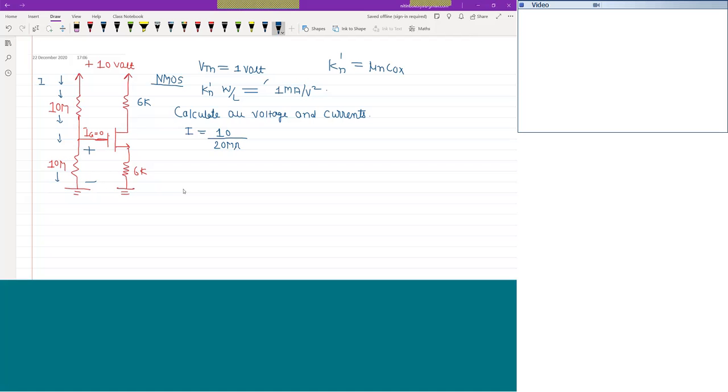So what I can say, the VG is 10 divided by 20 into 10, which is equivalent to 5 वोल्ट. तो अब मेरे पास यहाँ का वैल्यू आया है कितना, VG का वैल्यू आ गया है 5 वोल्ट, है ना? So VG is equivalent to 5 volt.